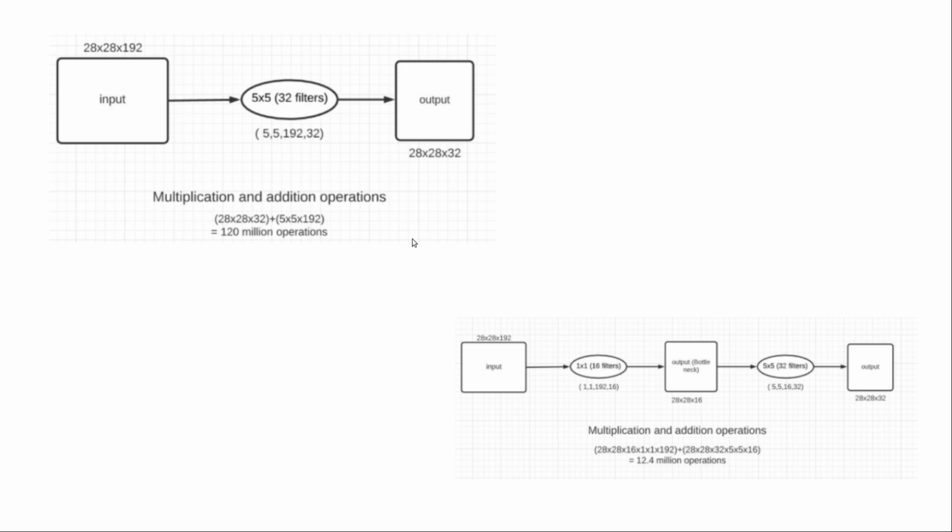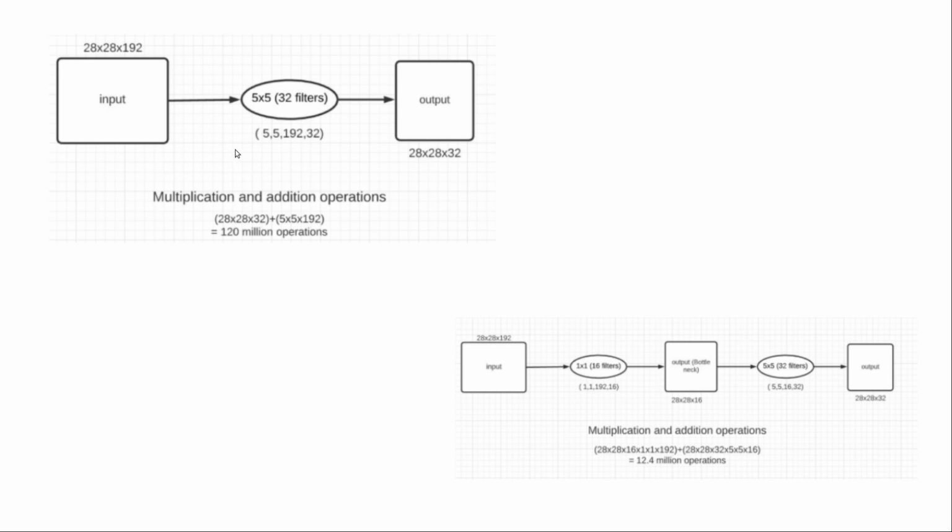Here there is no 1x1 convolution because it's just a single filter of 5x5, and I have 32 of them. In this case, the total number of operations will be calculated as below. That is, I will have 28 by 28 into 32, which is my output, and multiply that with 5 by 5 by 192, giving me 120 million operations total. And that's too much.